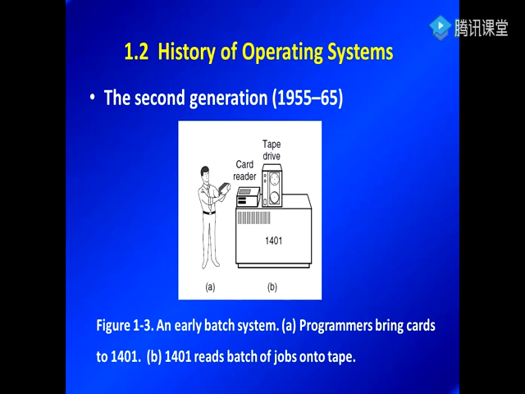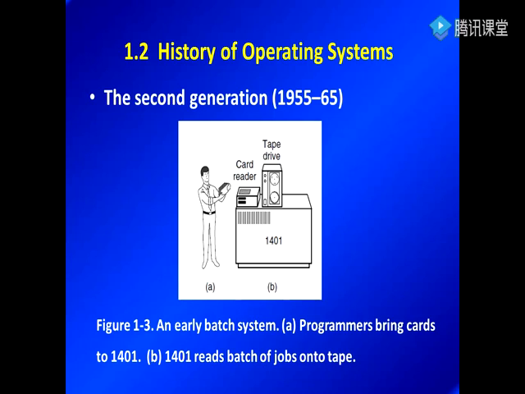The program on the cards has to be read through the card reader, and the text on the cards transferred onto the tape. And a special computer called 1401 was responsible for this job.